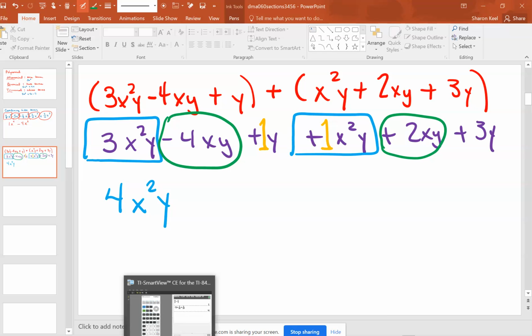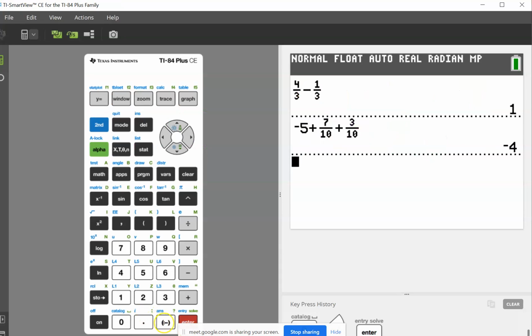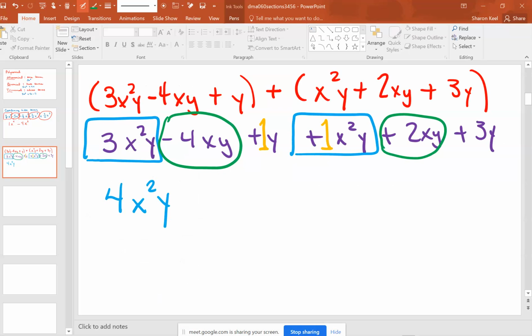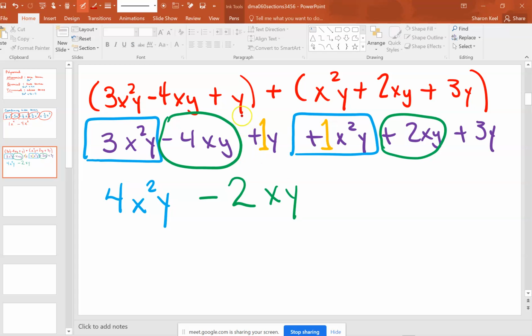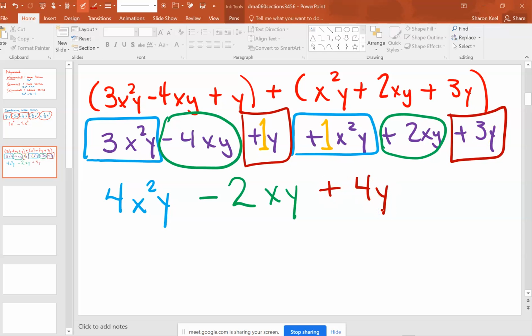If you want to check yourself, go to your calculator, do -4 plus 2. That gives us a -2. So we would have minus 2xy. And then last, we have a 1y and a 3y. 1 plus 3 is going to give us 4y. So with addition, drop the parentheses, and then combine those terms.